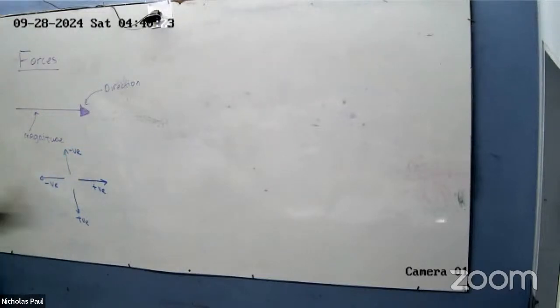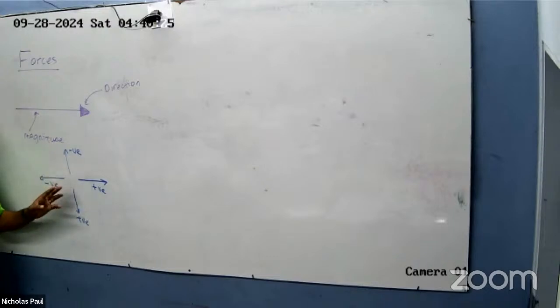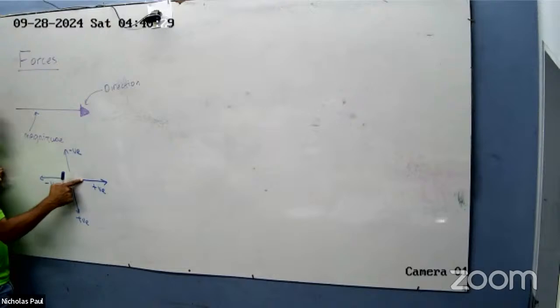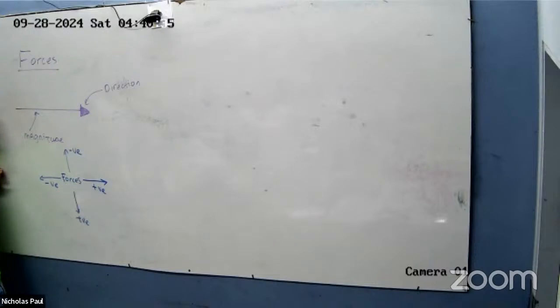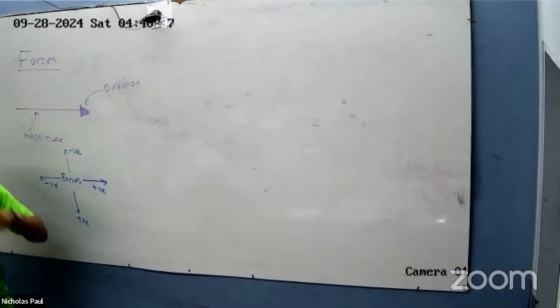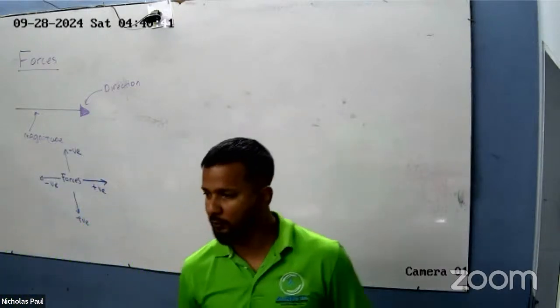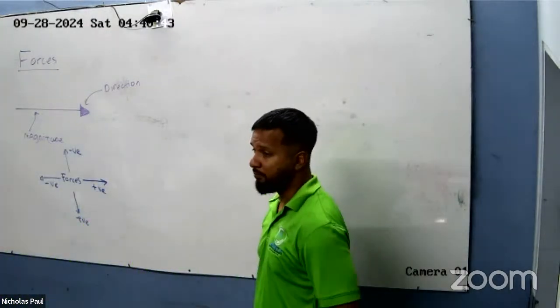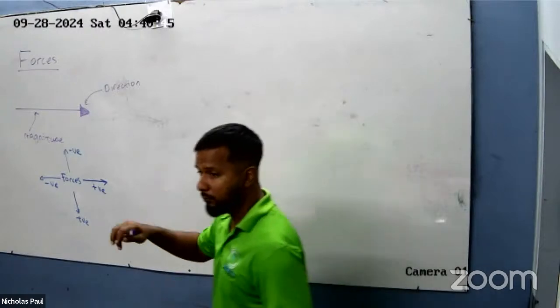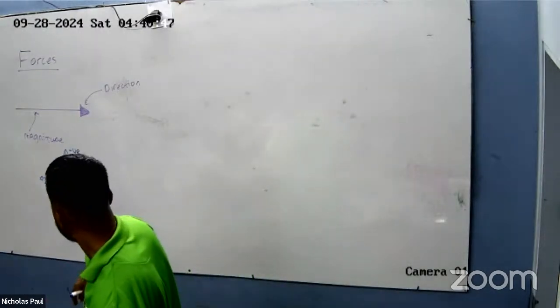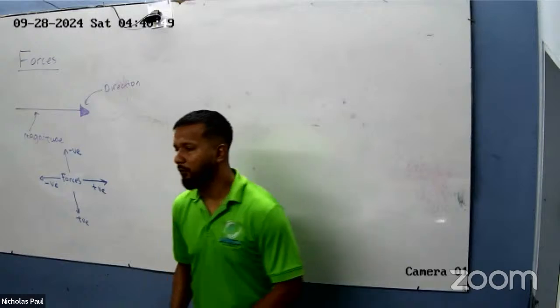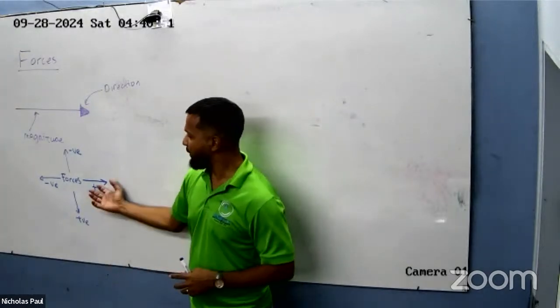Okay, this is the sign convention for forces. A force acting upwards, we consider it to be negative, and so on. It can be positive, it can be negative. I use it like this.